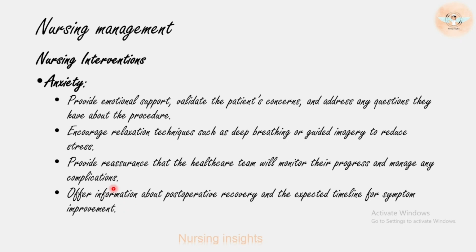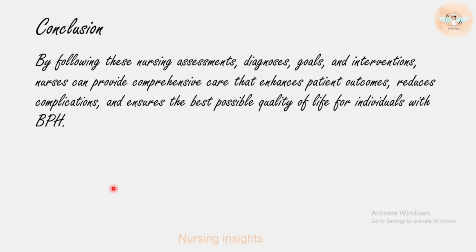So this is about the nursing management. Now we have discussed BPH: the incidence rate, clinical features, pathophysiology, etiology and risk factors, and how we can manage the condition medically as well as surgically.